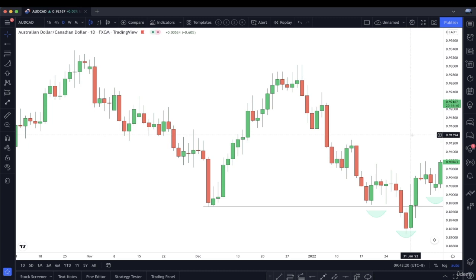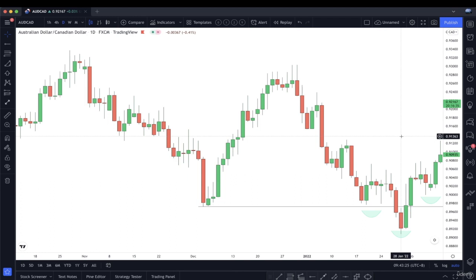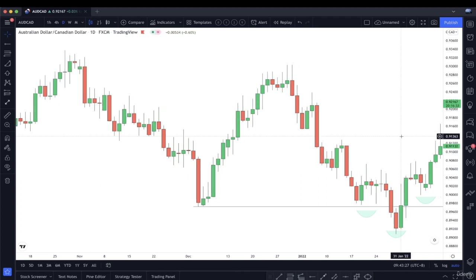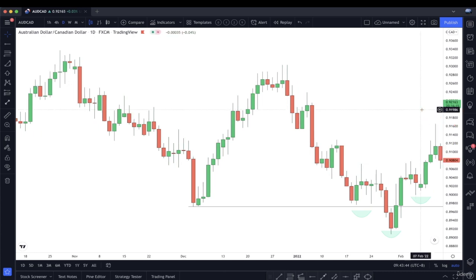So I waited for price to break out from this head and shoulder pattern. So, breakout. We already made a higher high. This is our previous lower high, right? Breakout, change of structure from downtrend to possible uptrend. So we have this initial higher high, and we can assume that once price pulls back, it can create an initial higher low, right?